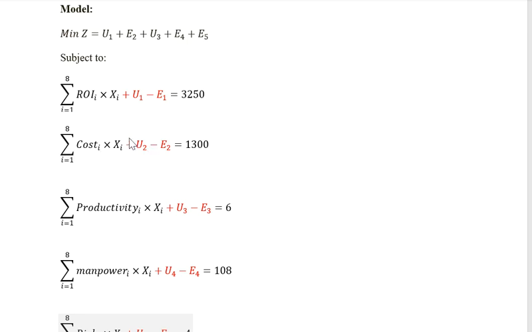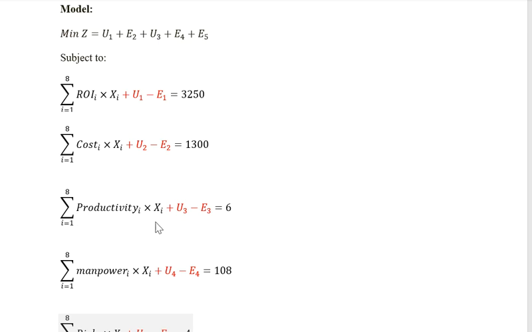For the cost, we want to reduce the excess. We don't want any extra costs. So we want to minimize this value. For the productivity, it's the same as the ROE.